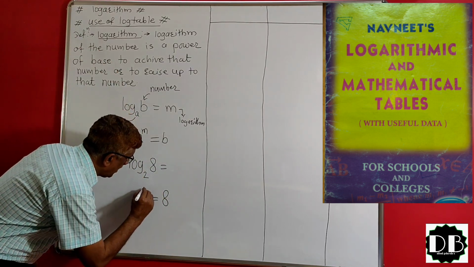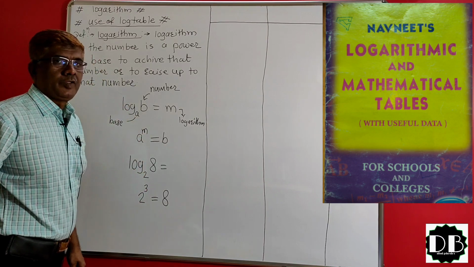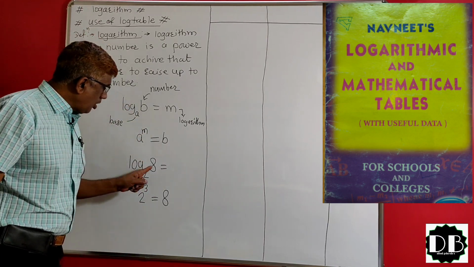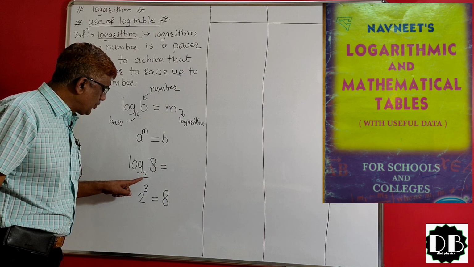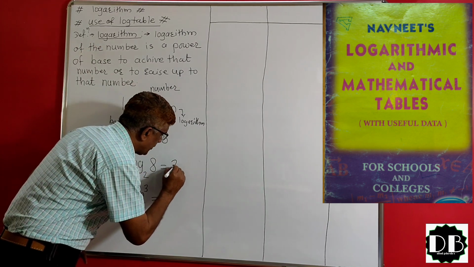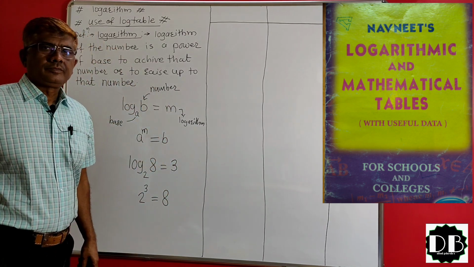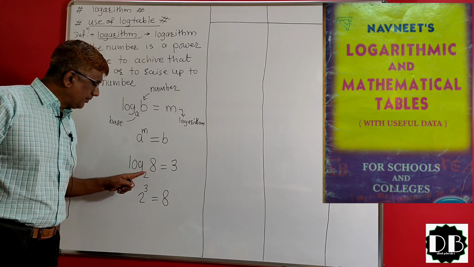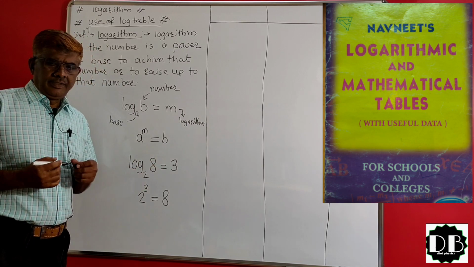Here that power is 3. What it means? Log of 8 to the base 2 is 3.